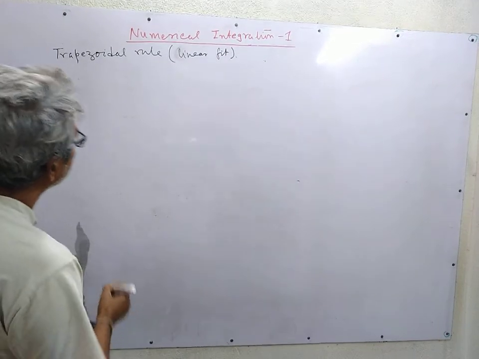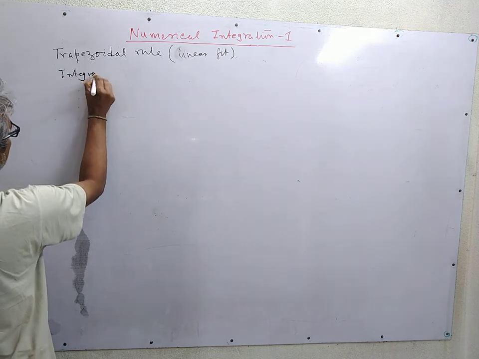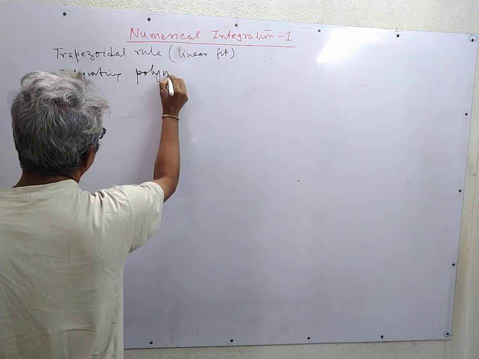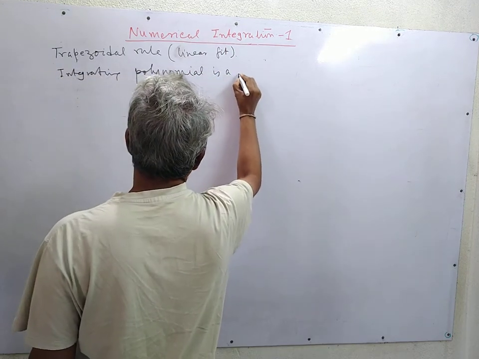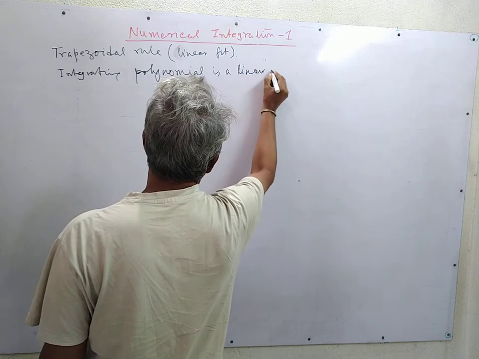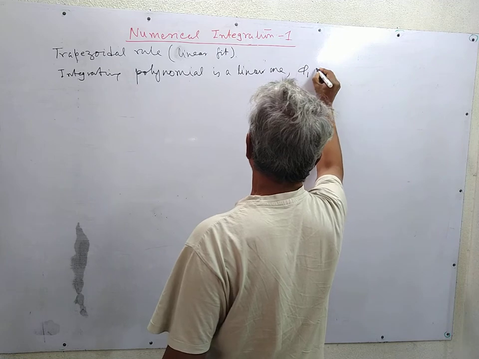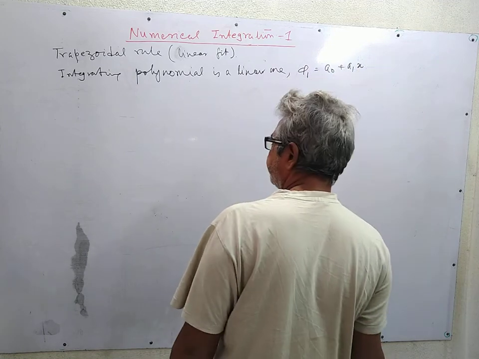in the trapezoidal rule, the integrating polynomial is a linear one. So we write phi 1 is equal to a0 plus a1 x.